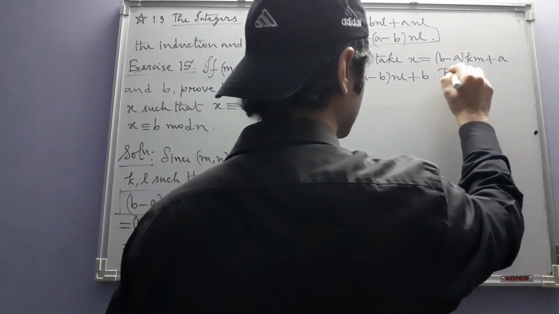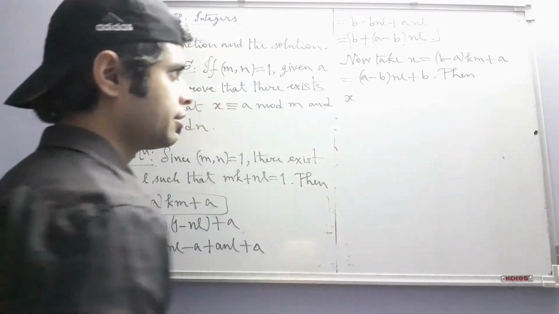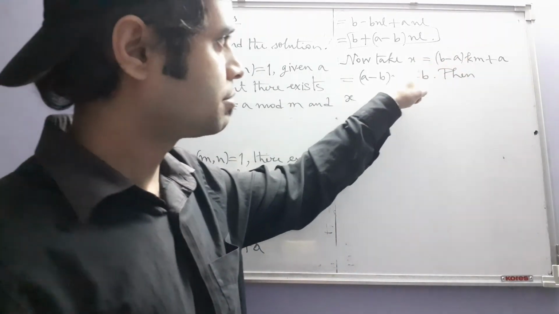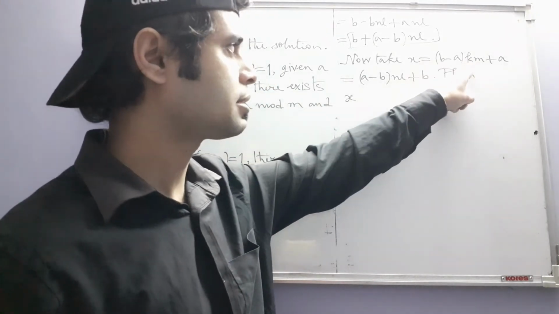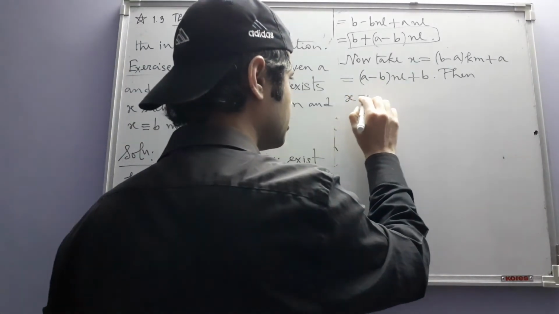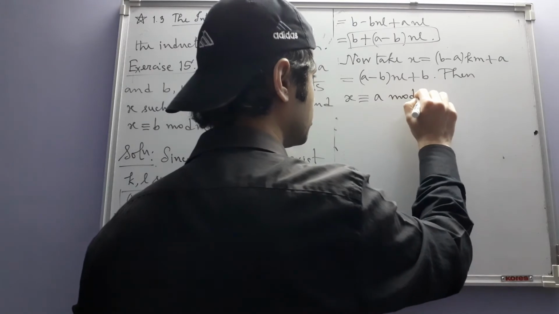Then, what do we get from the first equality? x minus a is divisible by m, because (b minus a) times k is an integer, or in other words, x is congruent to a mod m.